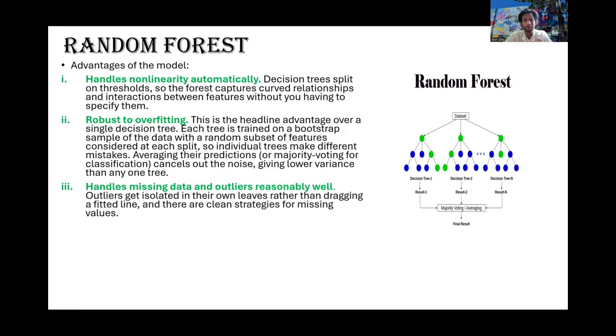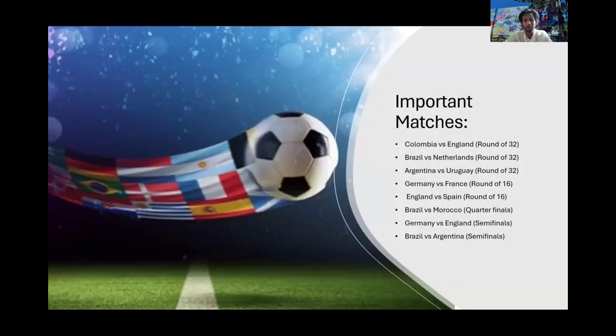Finally, we have reached the final step, which is to predict the different brackets for the different knockout stages of the World Cup. So here are some important matches that I found when I was running the random forest model.